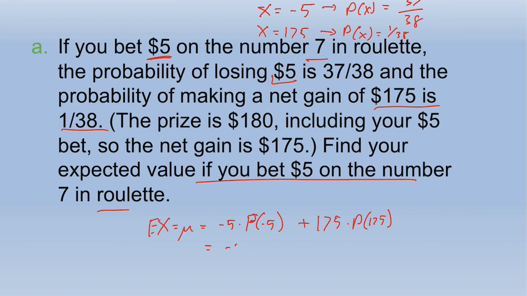And so that equals -5 times 37 over 38 plus 175 times 1 over 38.